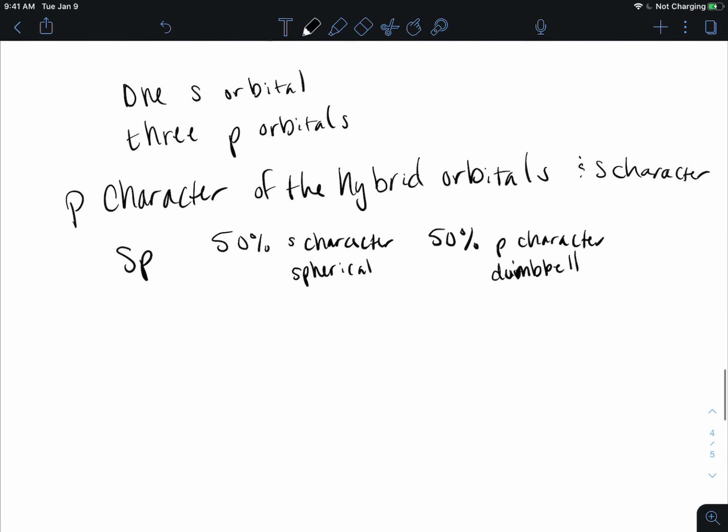As we go from sp to sp2, we've now gone to 33.3% s character and then 66.7% p character.